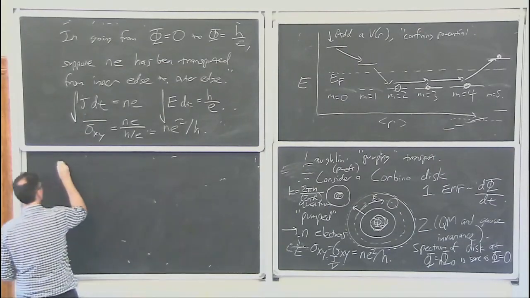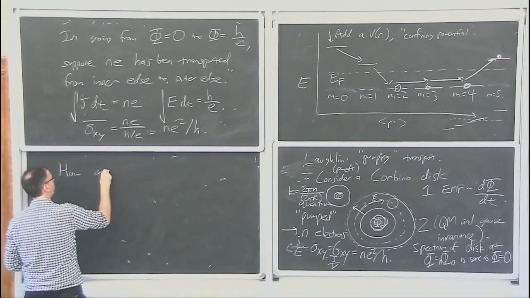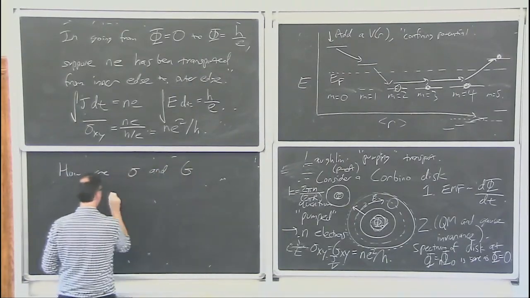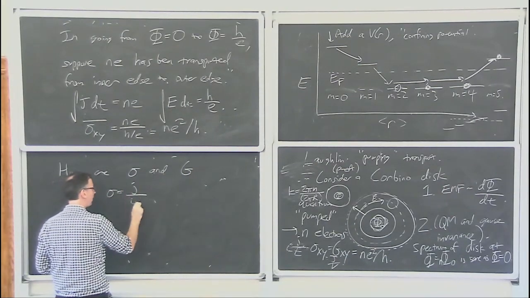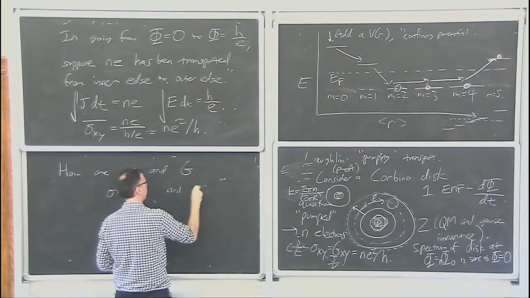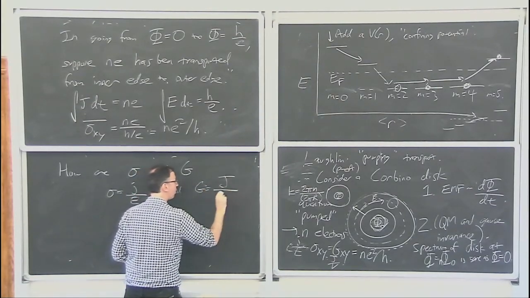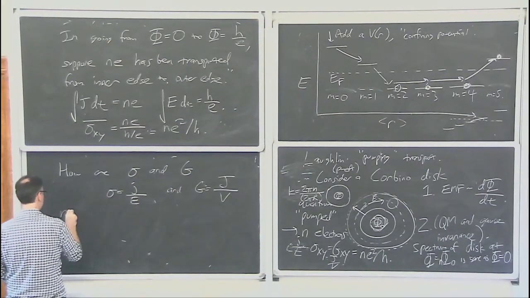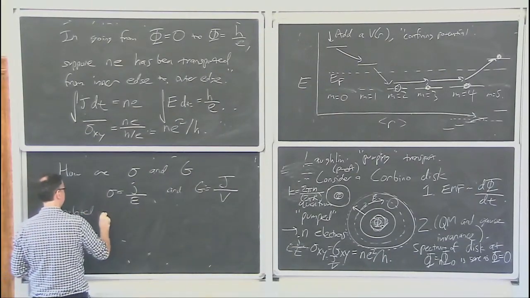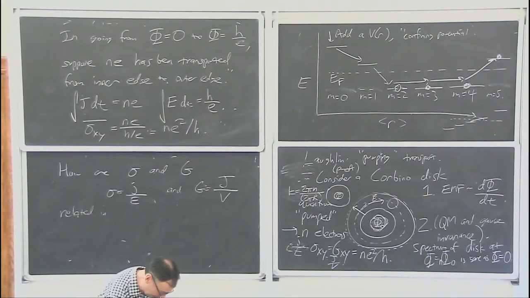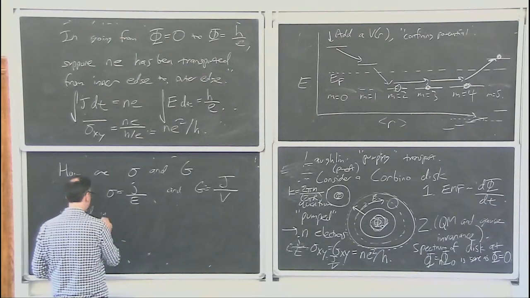So how are sigma and G, where sigma is current density over electric field, G is current over voltage, related in different dimensions? The answer is you can tell that there's something special about 2D, but it's really only special about 2D if you look in the Hall direction, the transverse direction.